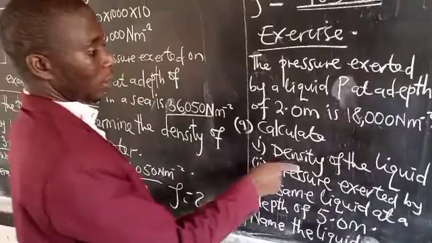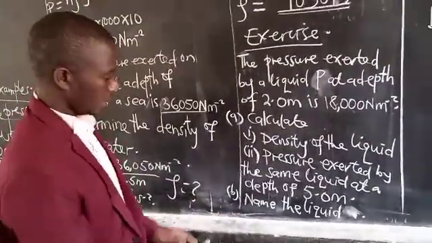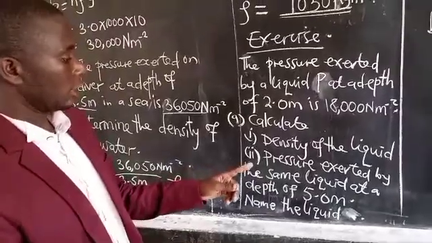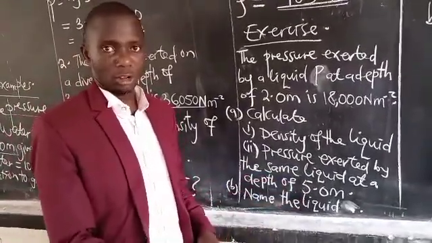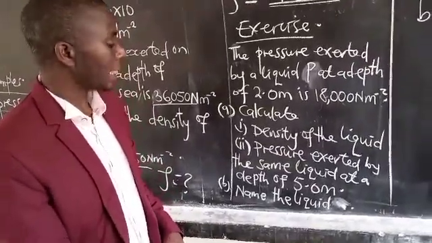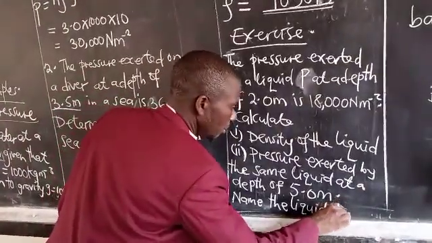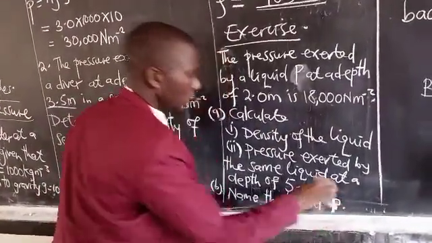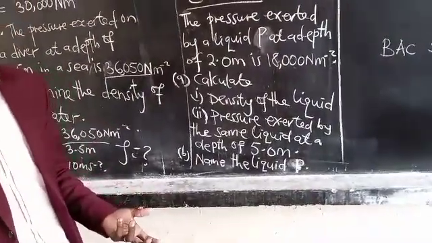Calculate the density of the liquid. Then after that, the pressure exerted by the same liquid at another depth of 5.0 meters. And then, which liquid is it? The name of the liquid P. Name the liquid. How do you name it?